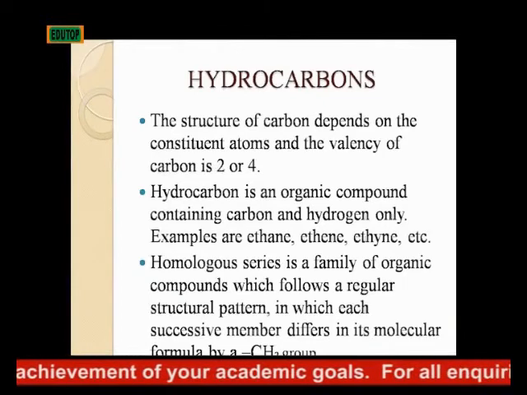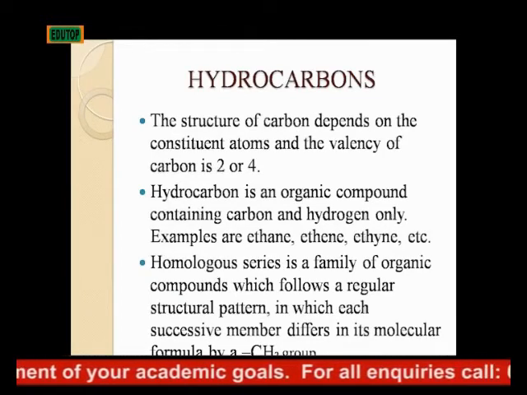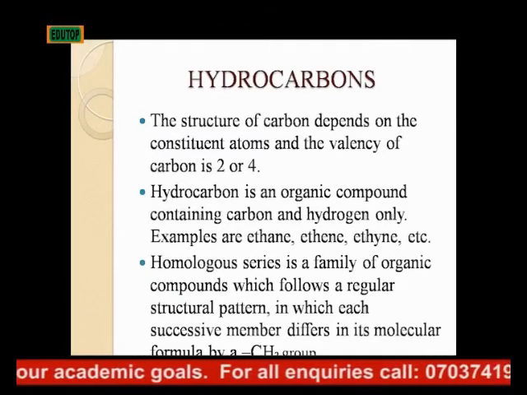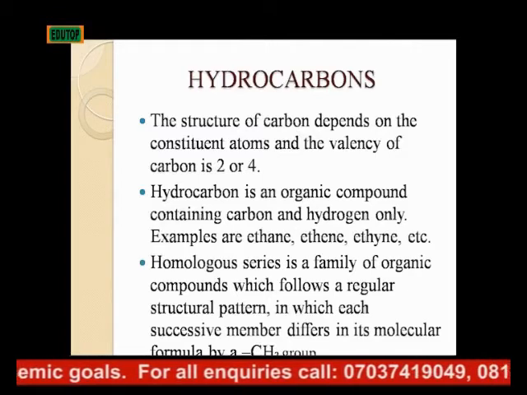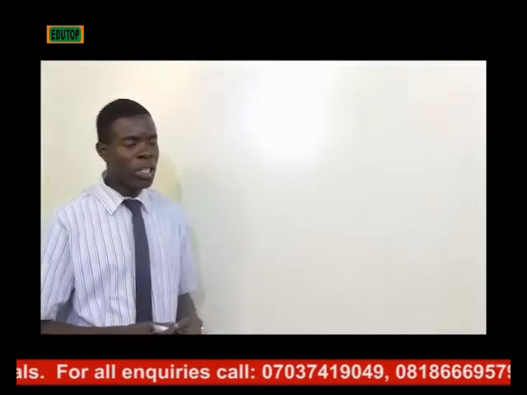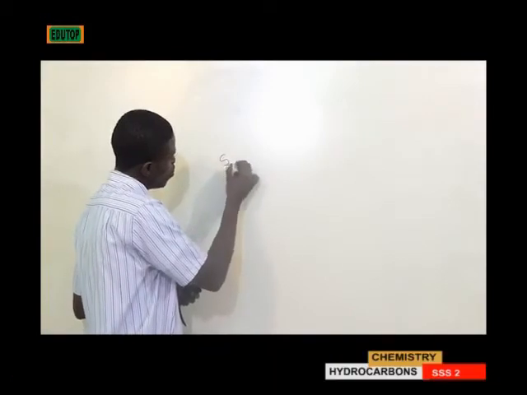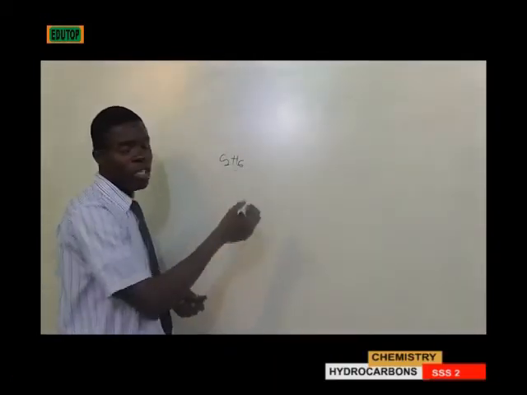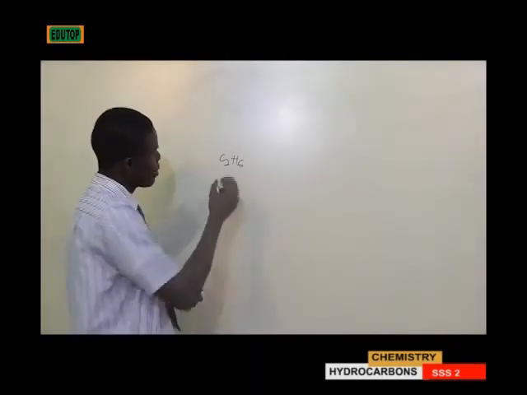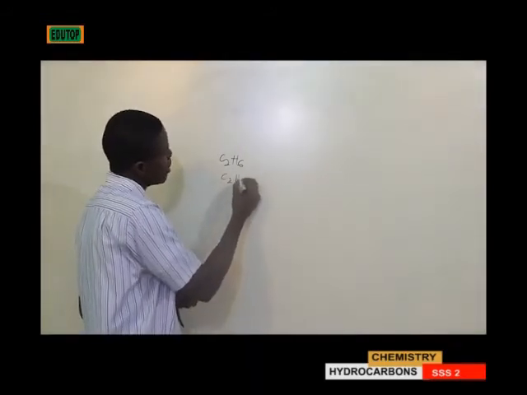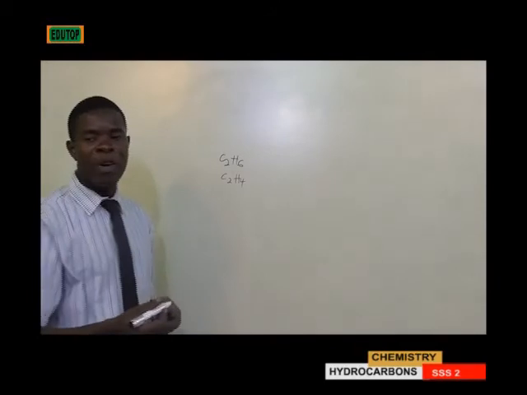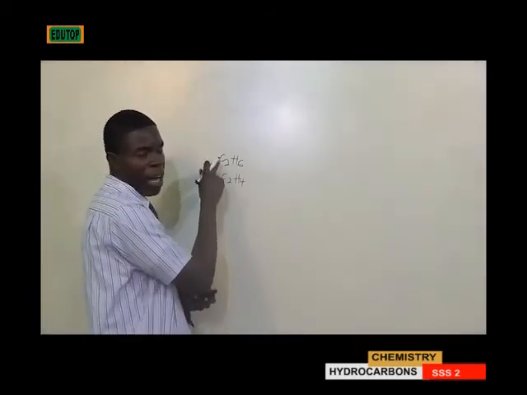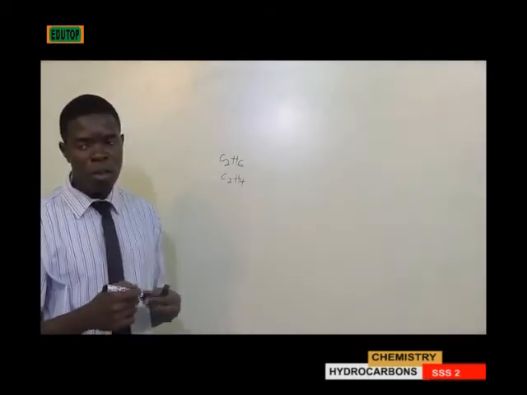Examples of hydrocarbon: we have ethane, C2H6. We can see that we have carbon and hydrogen here. Ethene, C2H4. So for every hydrocarbon, you only have carbon and hydrogen.